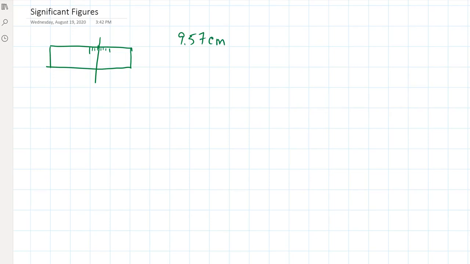We came up with, I believe, 18.4 milliliters on our short graduated cylinder and 60.0 milliliters on our large graduated cylinder. And so what this does is the way we've written the numbers shows a certain degree of confidence.